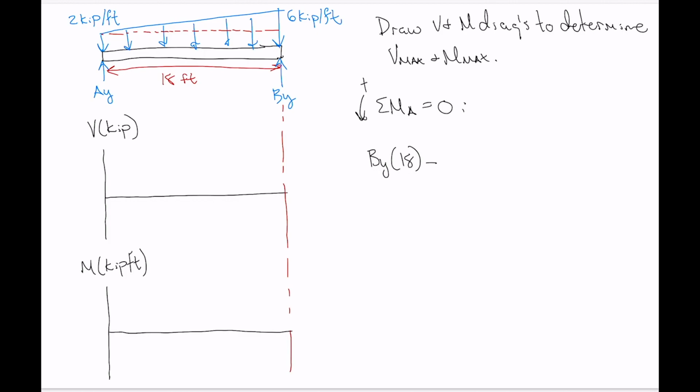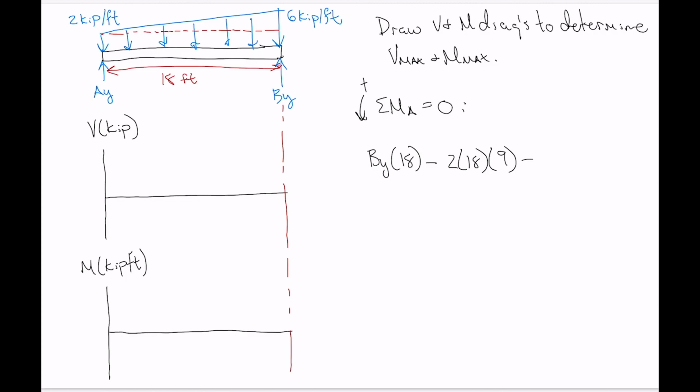So for the rectangular section, the resultant of that is going to be the area within that rectangle, which is 2 multiplied by 18, and then the resultant is going to be located right in the center, which is a moment arm of 9.